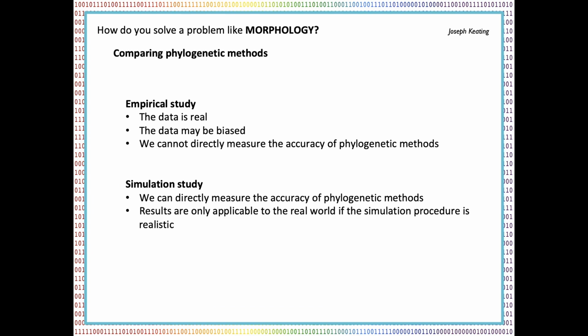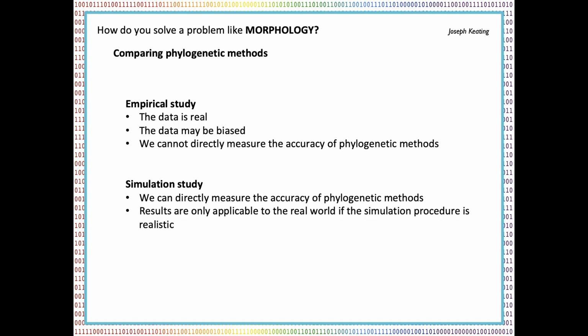For empirical studies, the data consists of discrete character matrices coded from real morphology. These datasets should contain real phylogenetic signal, including nuances and peculiarities that would be difficult to simulate.